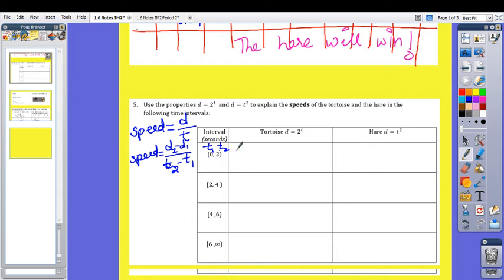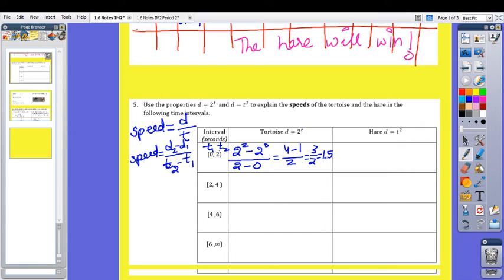So let's do that. We will use this formula and plug in t. t2 is 2, t1 is 0, over t2 minus t1, which is 2 minus 0, and when you calculate that, it will be 1.5.